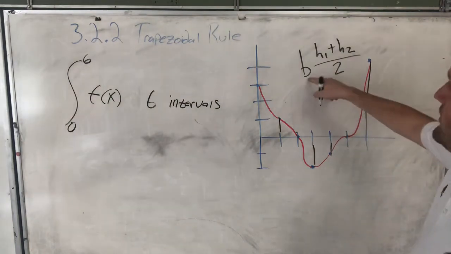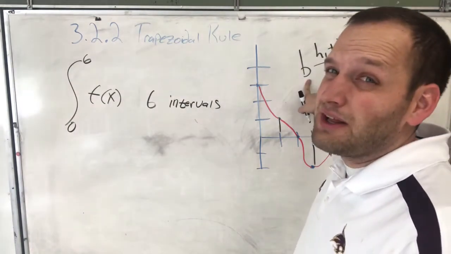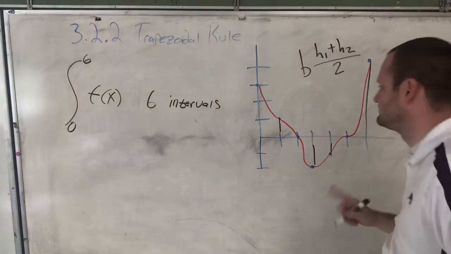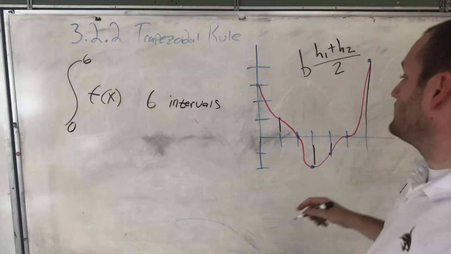All right, so on each of these, the base is 1. So I'm not going to bother writing 1. And you know what, maybe I will just for you guys. Well, let's try this then.